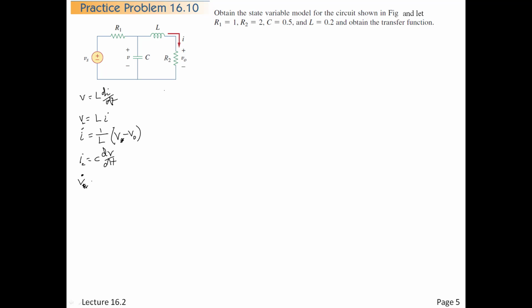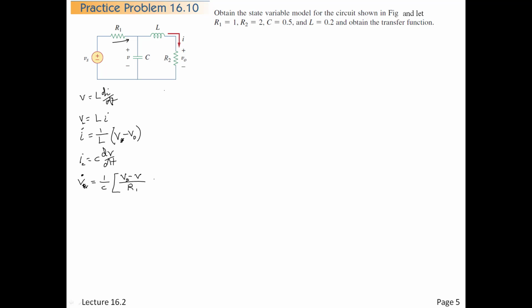So V dot is equal to 1 over C times I of the capacitor. Okay, and let's just do that. So the current up here entering the node will be V source minus V, that's our state variable, over R1.